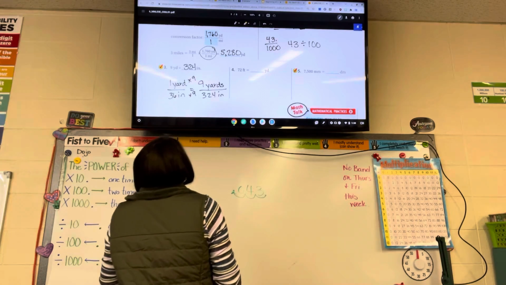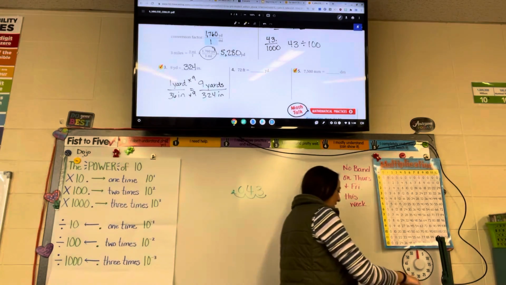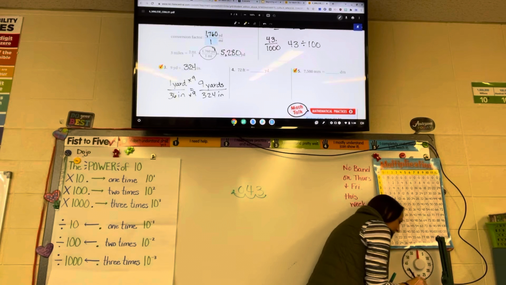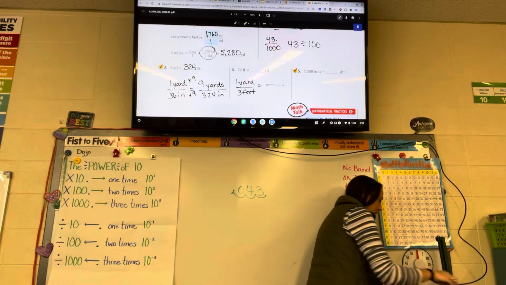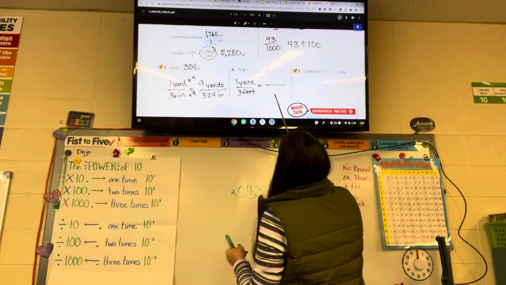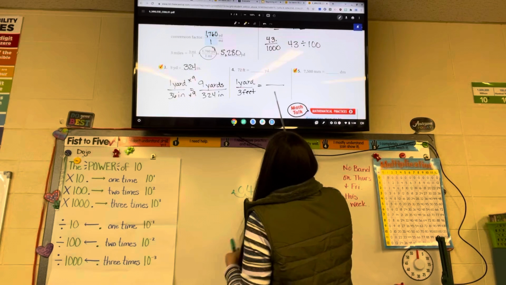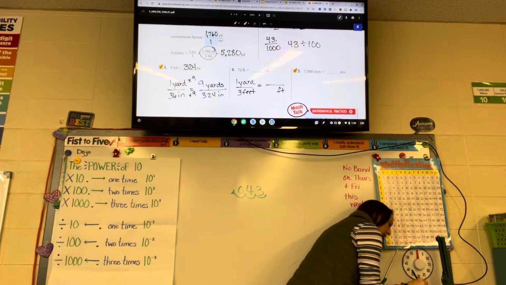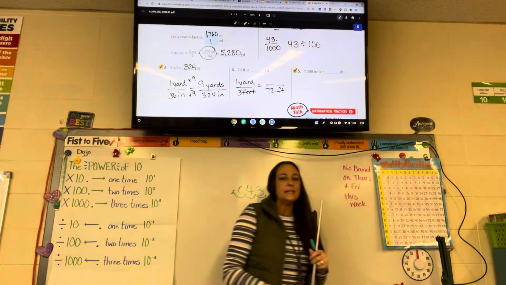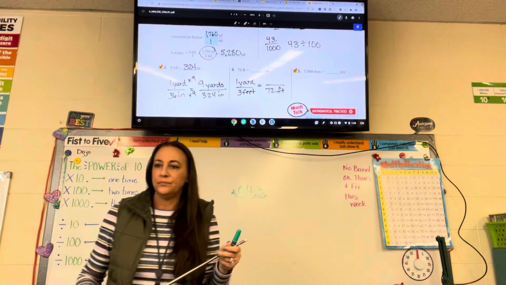Next, we've got 72 feet in yards. Feet in yards. How many feet are in a yard? 1 yard equals 3 feet. And since I put feet on the bottom, what needs to go on the bottom over here? Feet. And what do you multiply 3 times to get 72?